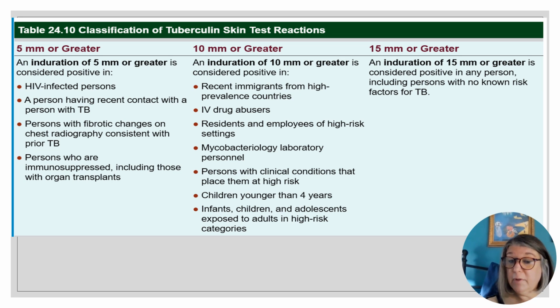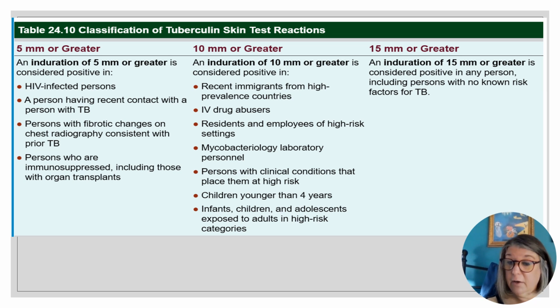So if you work with mycobacterium, if you work with TB, if your induration comes back 10 millimeters or greater, we're going to consider that positive. Kids younger than 4, infants, children, and adolescents exposed to adults in high-risk categories. So 10 millimeters or greater, you've got some risk factors going on.